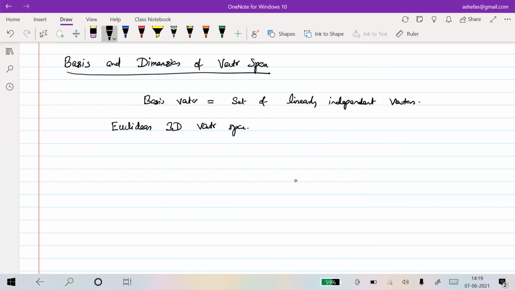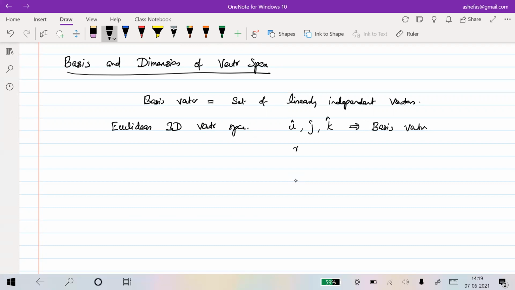So there we need three vectors i, j, k. These i, j, k can be taken as basis vectors. Now remember, this is not the only choice available. This is only one choice.